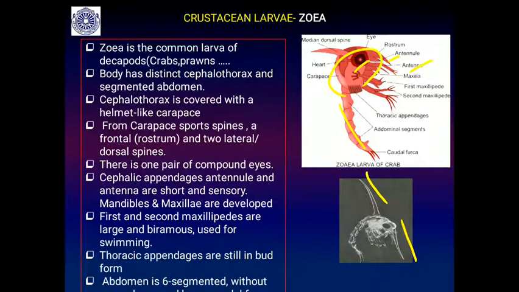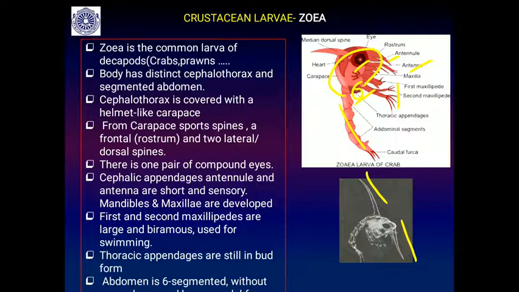All the cephalic appendages are developed. Similarly, in the thoracic region you will be able to see only the maxilliped, and the rest of the walking legs are in a rudimentary stage.